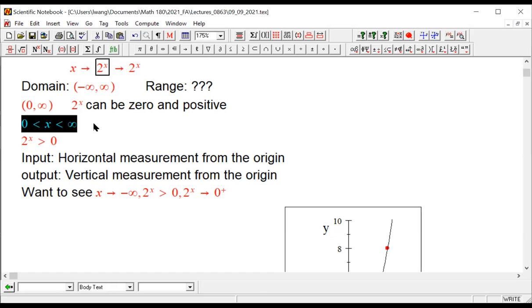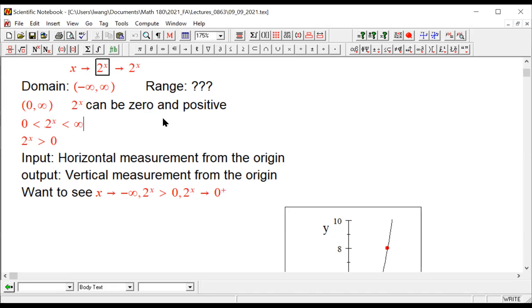The second one means the same thing, but the x is in the wrong place, because x is the input. Do you remember? X is the input. So we should have written 2 to the power of x is larger than 0, between 0 and infinity. By the way, infinity is a number that does not exist.